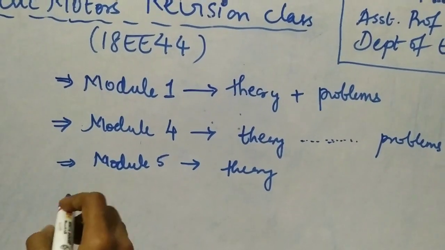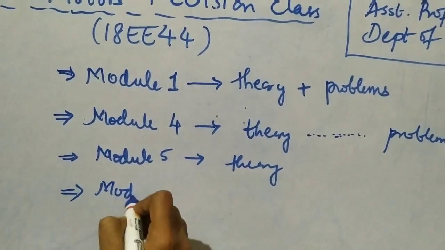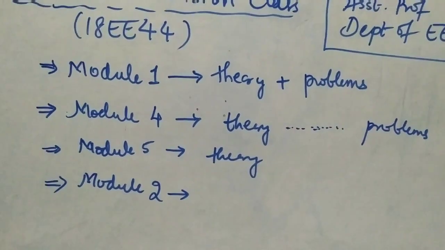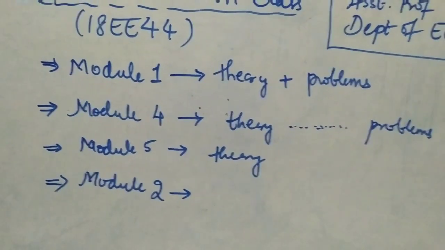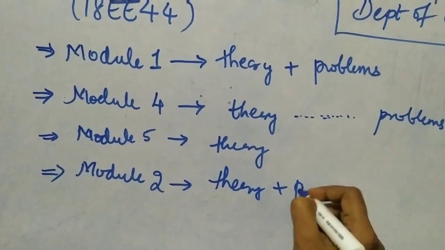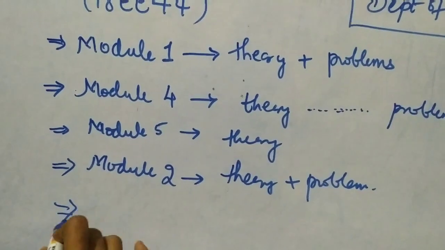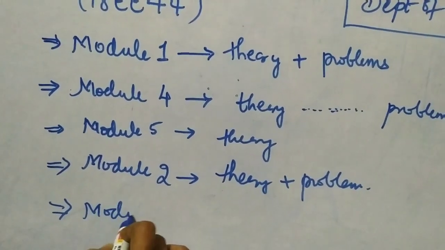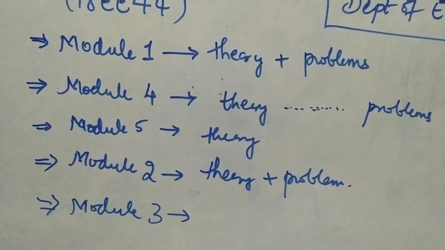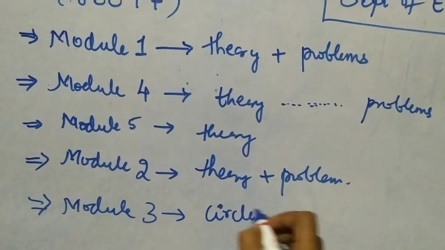Then after that we will prepare module 2. In module 2 there will be theory plus problems, and after that we can concentrate on module 3. In module 3 we will only focus on the circle diagram, the problems on the circle diagram.